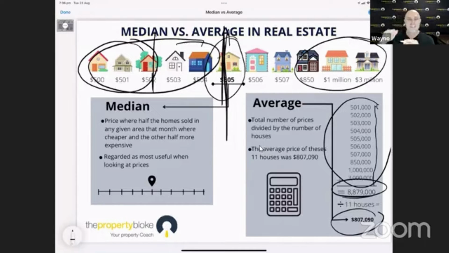When the market isn't ridiculously busy, the top end houses either don't sell, or take a lot longer to sell because there's less people in that marketplace to buy them. So it's very important when you're looking at a median price, and there's a decline or an increase in a certain suburb, that to a certain degree you go back and see what properties are being sold. And you can go month by month.